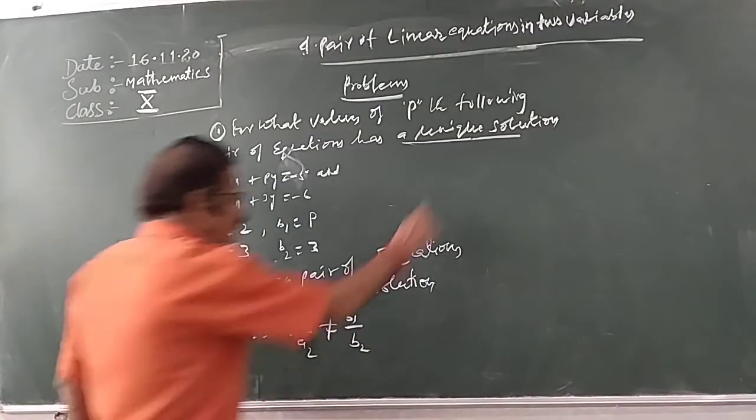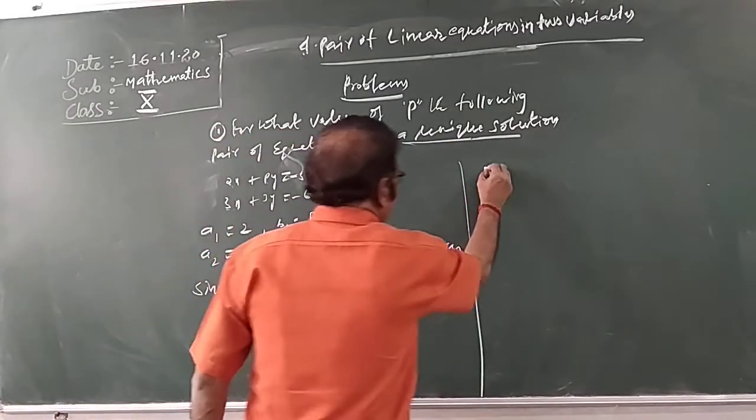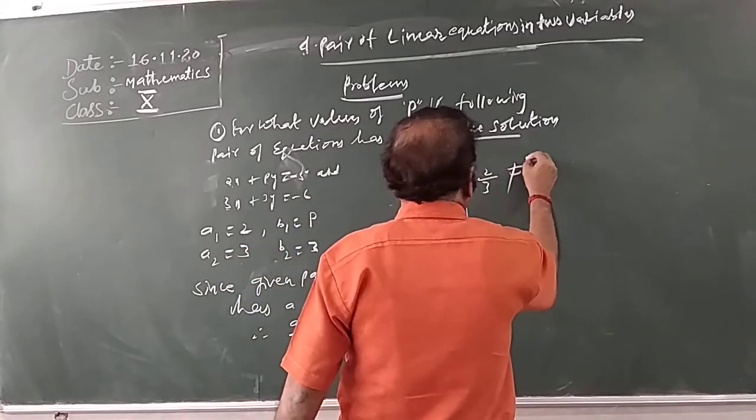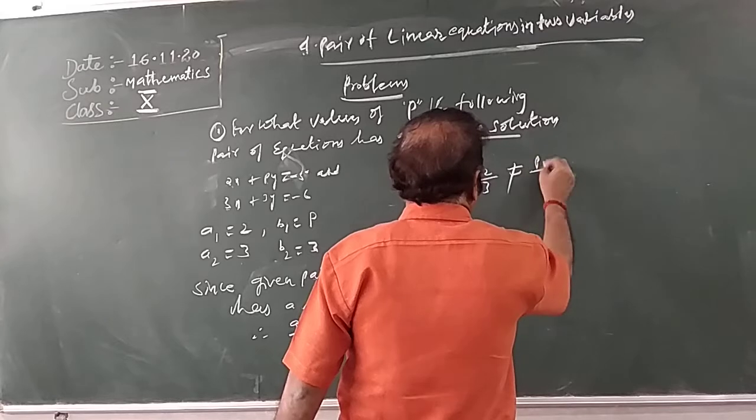Now, substitute the values. a1 by a2: a1 is 2, a2 is 3, is not equal to b1 by b2, where b1 is p and b2 is 3.